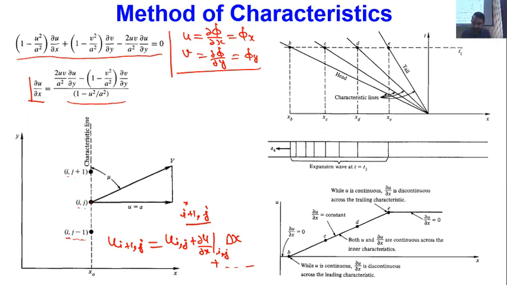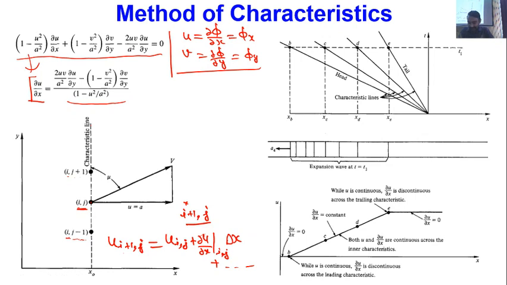So if I know the velocity at point i j, and I have to calculate velocity at the next point i plus 1 j, then I must know the value of del u by del x at point i j. That del u by del x at i j I write from this non-linear velocity potential equation.